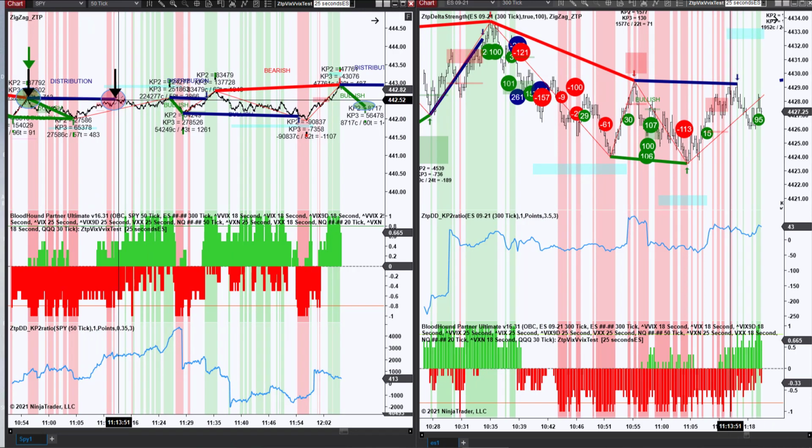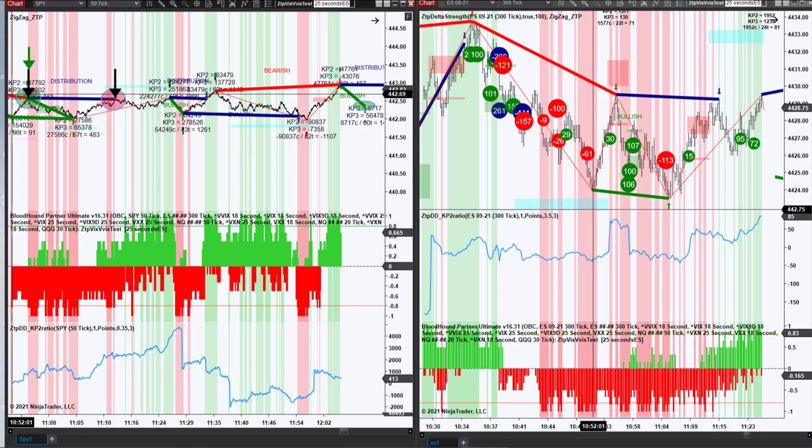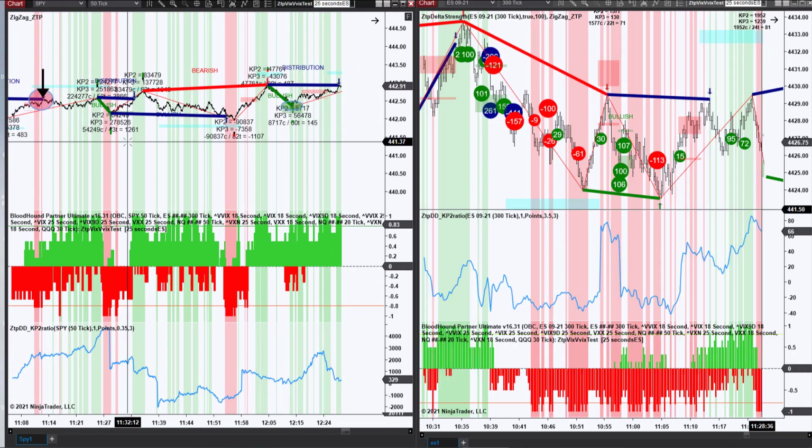And again, we have one of these losses that only becomes a loss because price traded at the previous high. And again, we had ES divergence at that same point. Price did sell off. If you took the trade and exited it, you would have exited it for a profit.